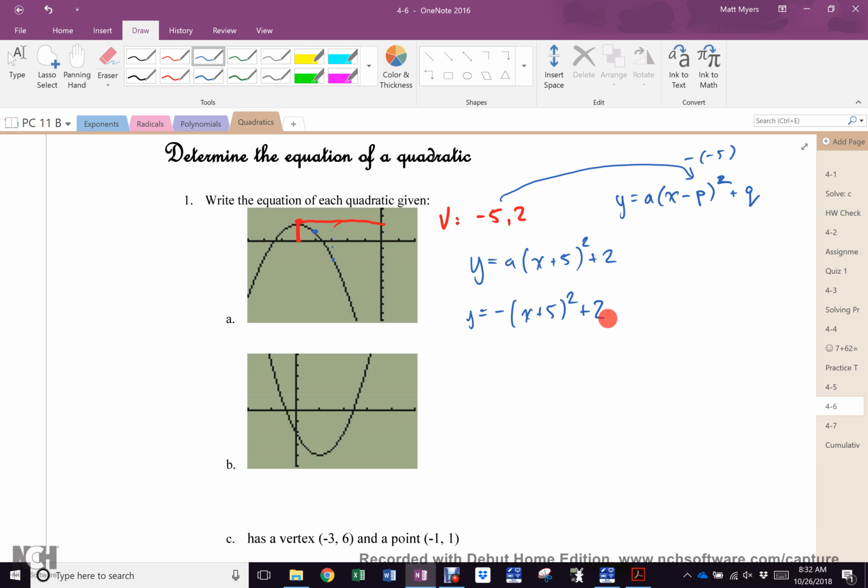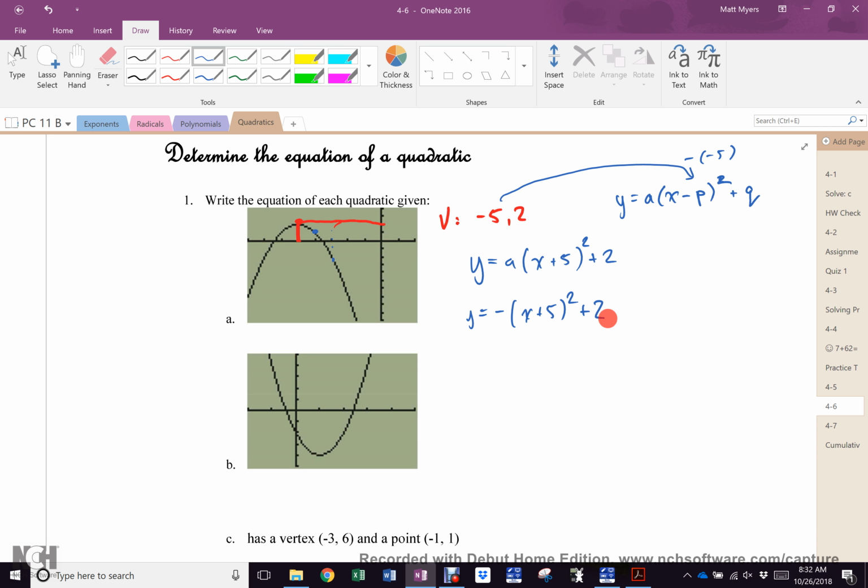No graph. I can't count the stretch, can I? I cannot count this. But I have some information here that will help me, don't I? What do I have? I've got the p and the q, don't I? So we can write out most of this equation, can't we? So let's write it out. y equals a(x what?